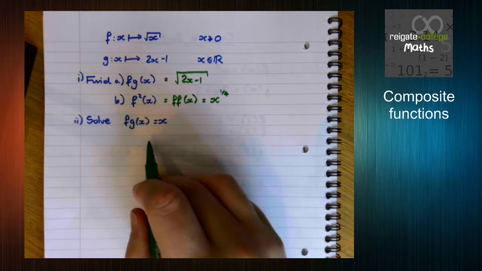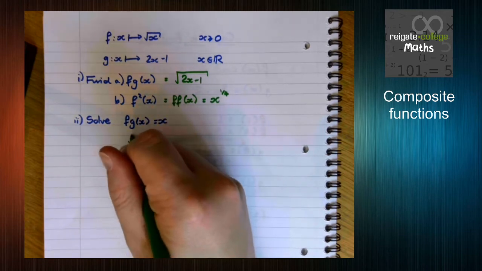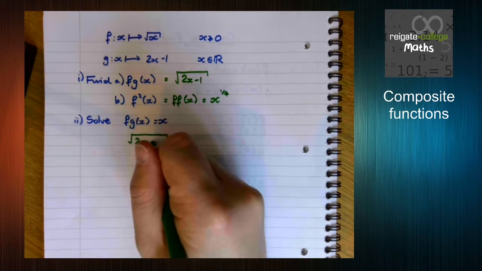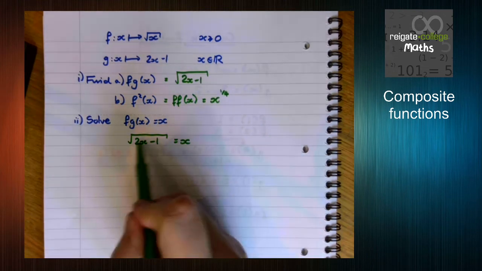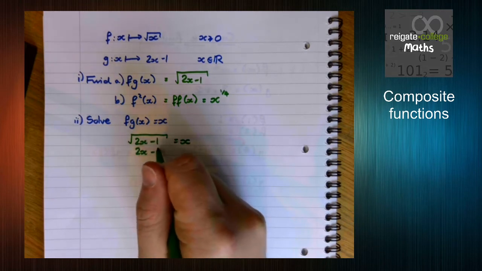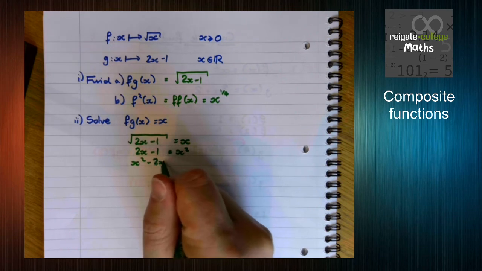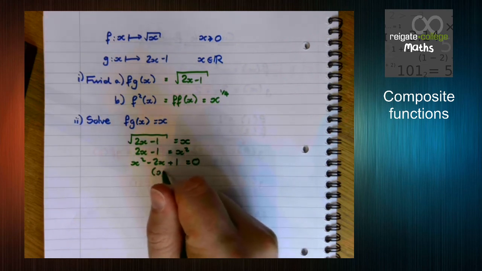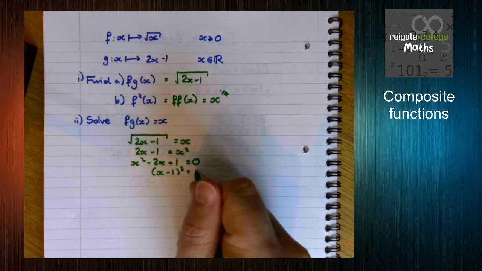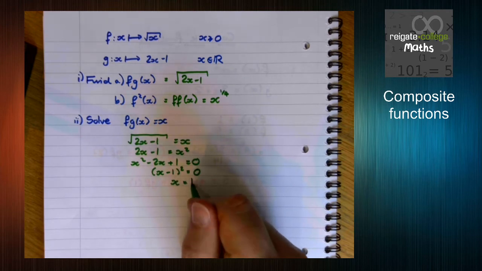Solving fg of x equals x, well, we know what fg of x is. So it's a case of setting them equal to each other and solving it. So here we get 2x minus 1 equals x squared. x squared minus 2x plus 1 equals 0. x minus 1 squared, x equals 1.